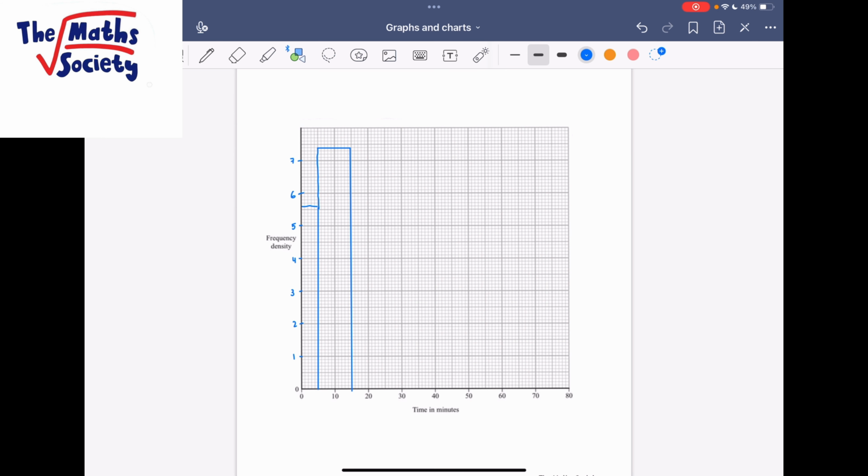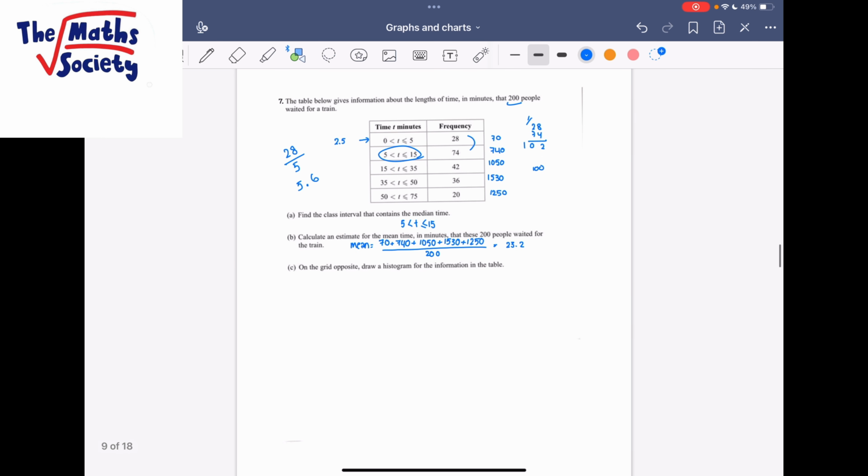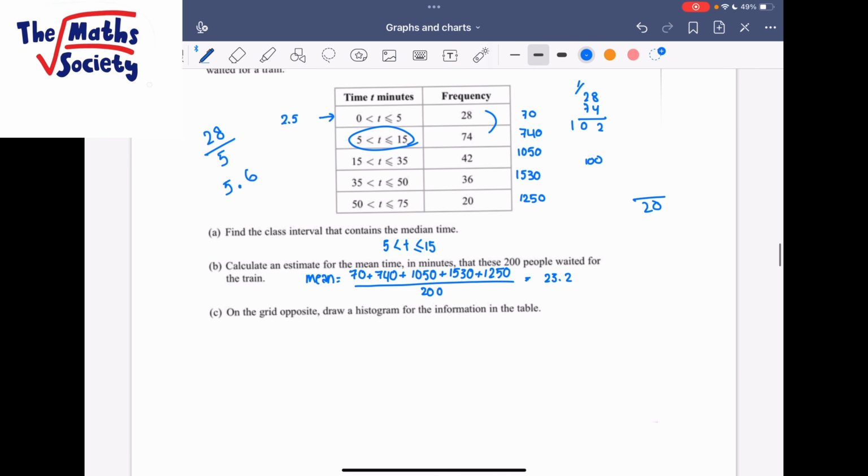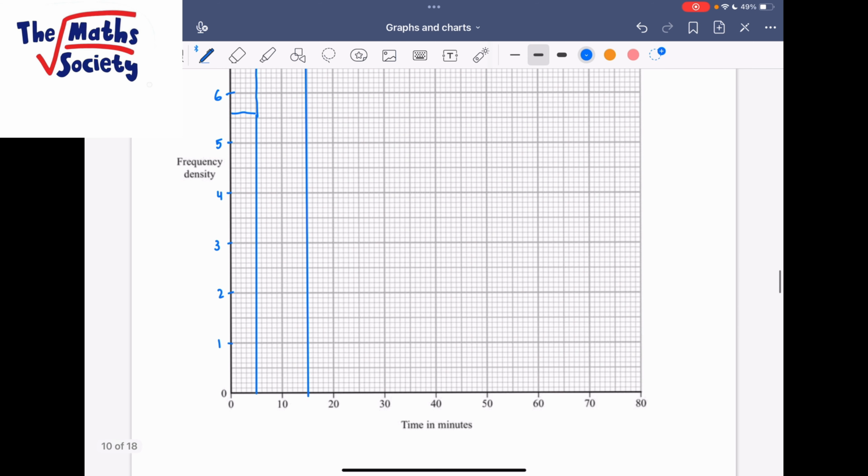And then the next one we have is 15 to 35, so that's a class interval of 20. And then you have 42. So that's going to add up to 2.1. So that's until 35 at 2.1. So just going to be right here.